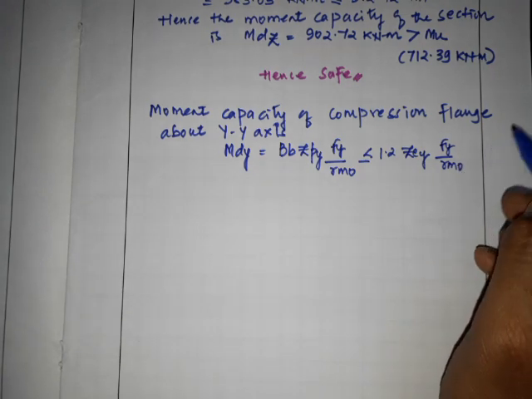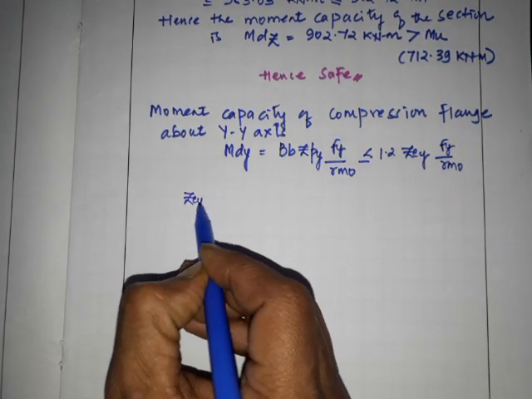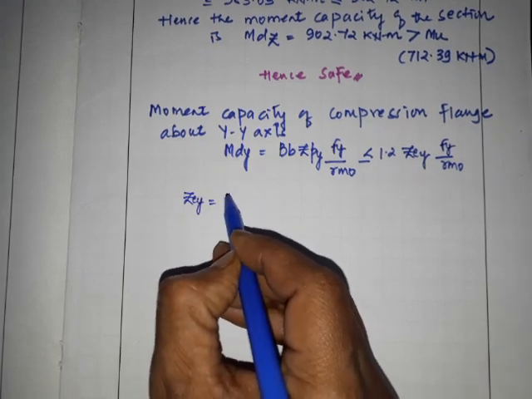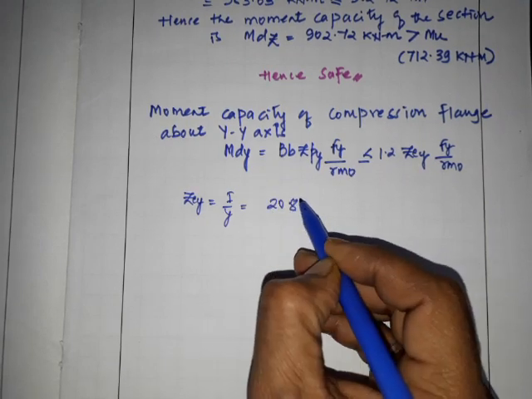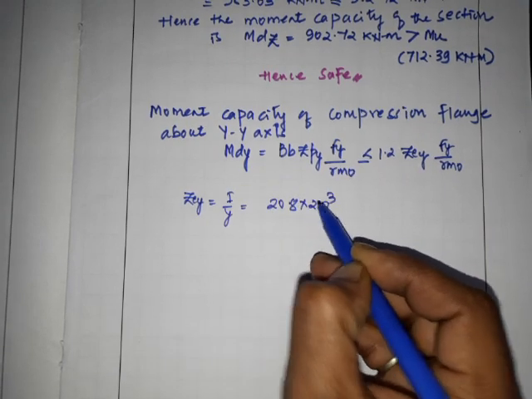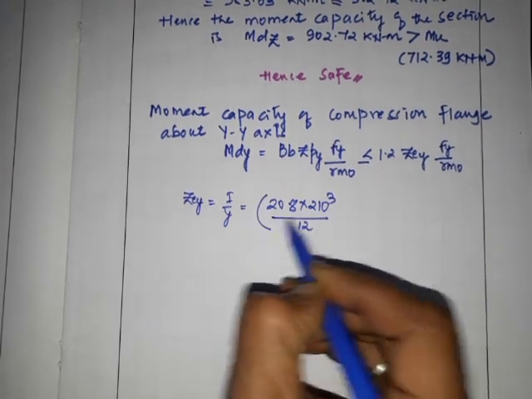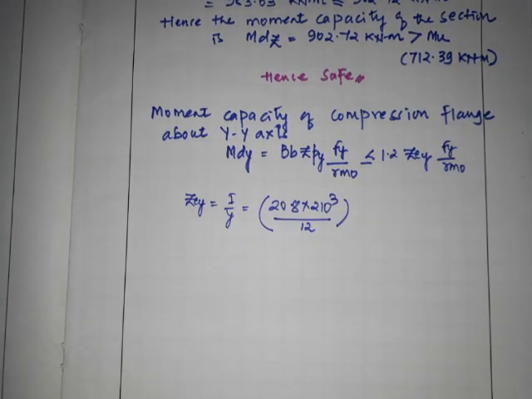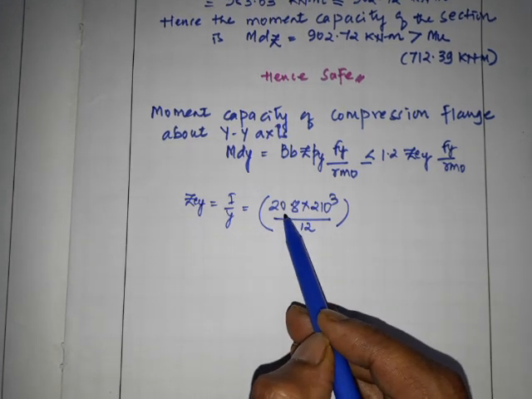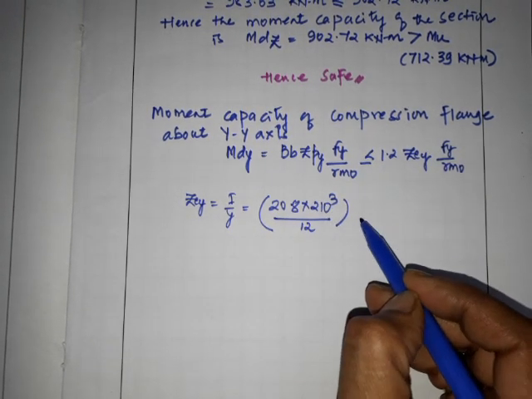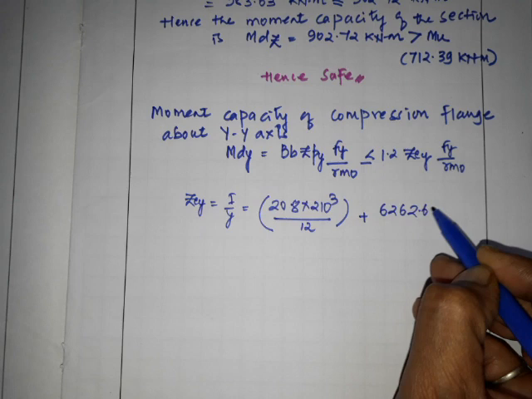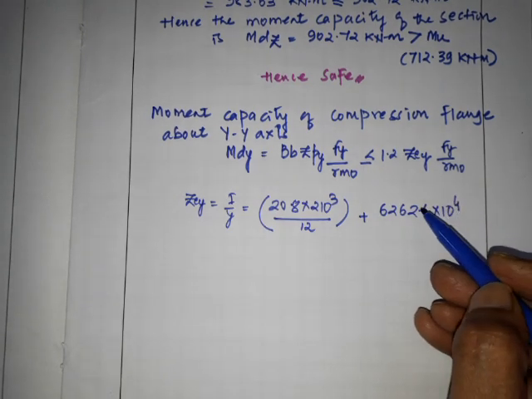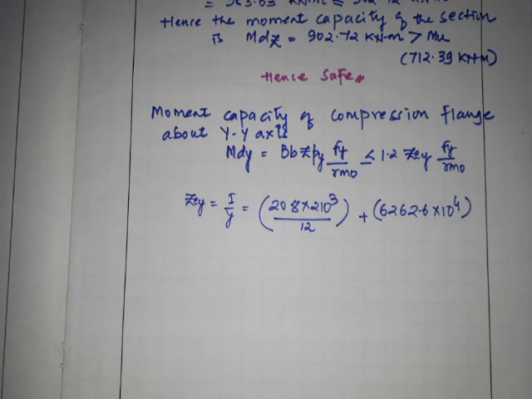Okay. So what is Zey here? So Zey we have not calculated, so Zey is again I by y, so that is 20.8 into 210 cube by 12, bd cube by 12, 20 into 210 cube. That is for top flange, thickness of flange and depth of flange, plus 6262.6 into 10 to 4, that is the moment of inertia of channel section.